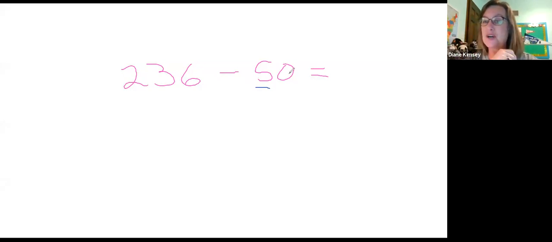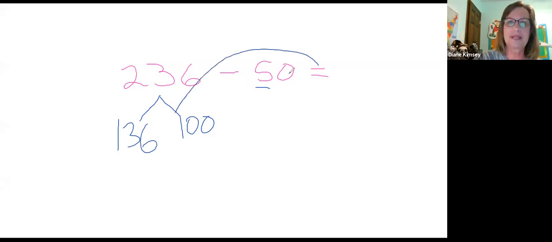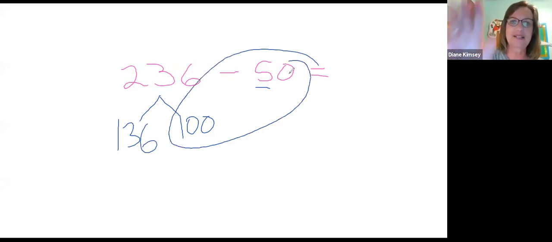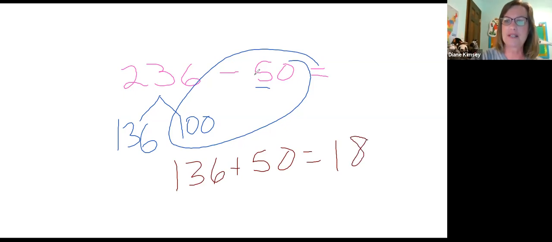That means I need to go borrow how much from next door? 100. And so I'm going to change this into 100 and 236. If I take 100 away, that's going to give me 136. Okay, here's my first step. And the kids are like, no problem, got it, that's 50. Awesome. What are you going to do with that 136? We're going to add it on, and that equals what? 186. Okie doke.